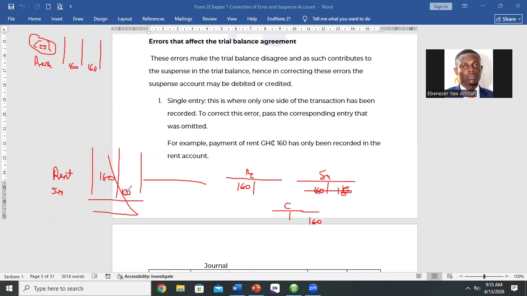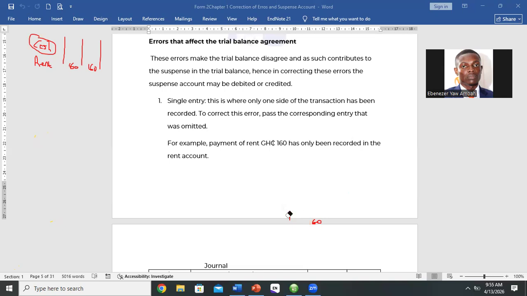So professors, the core point I want you to get is that single entry errors are errors where the bookkeeper has only recorded just one side of the double entry. So for you to correct it, you have to pass the corresponding entry which the accountant failed to pass.